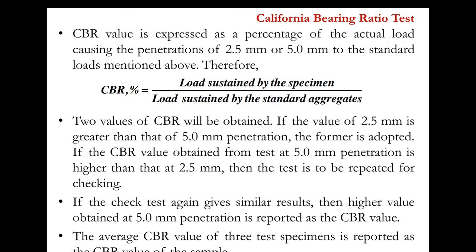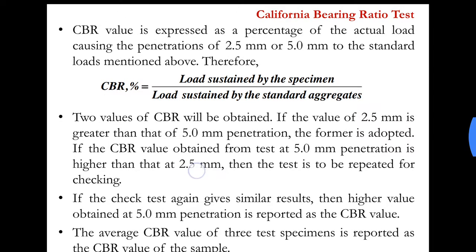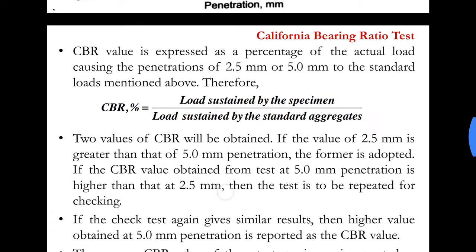So in most cases it is likely that the CBR value at 2.5 mm is greater than that at 5 mm. But if we do not get this, then we recheck our values and we conduct the test again.